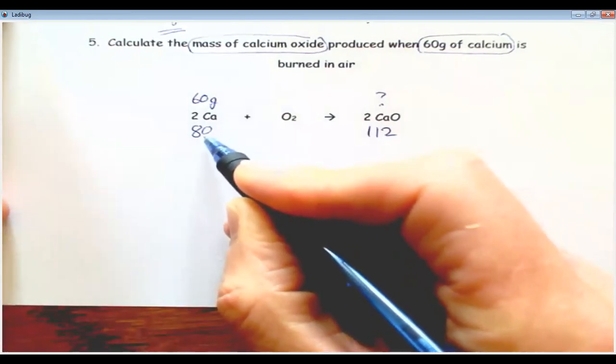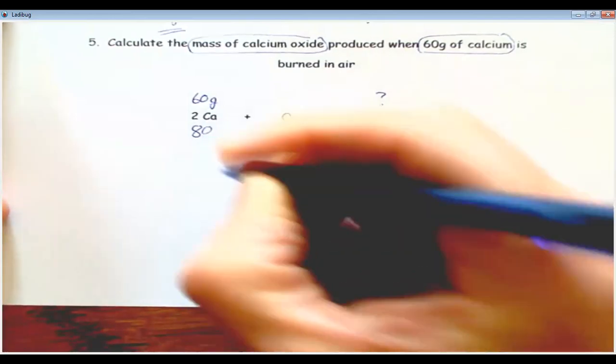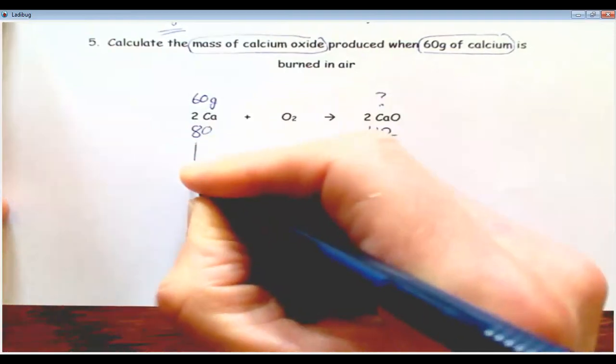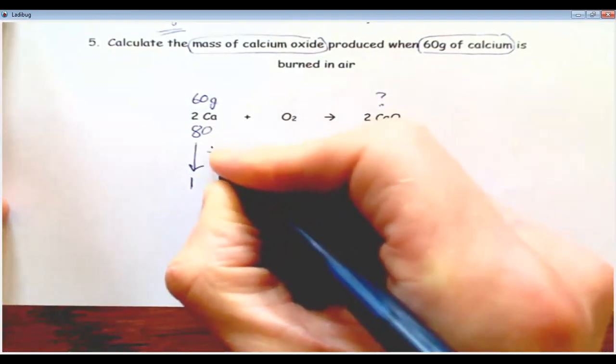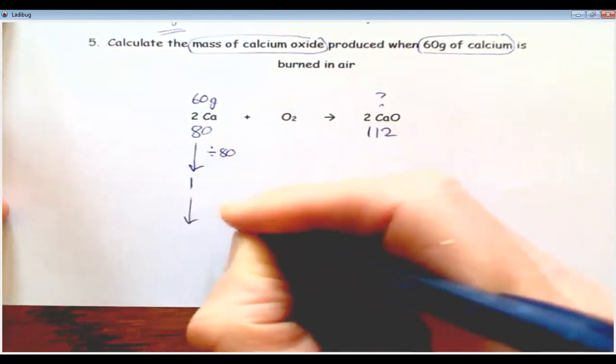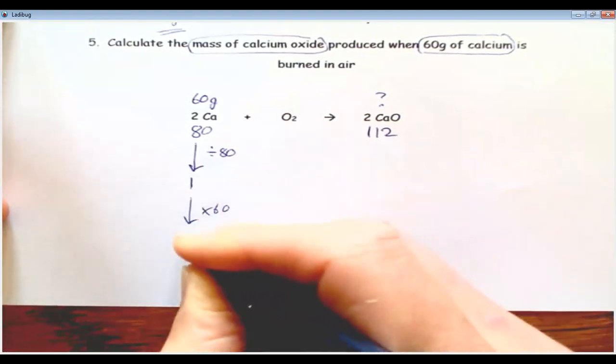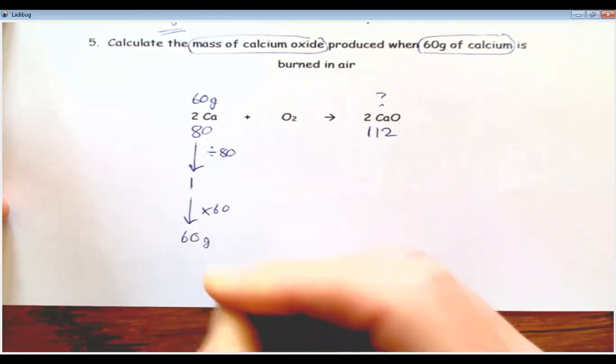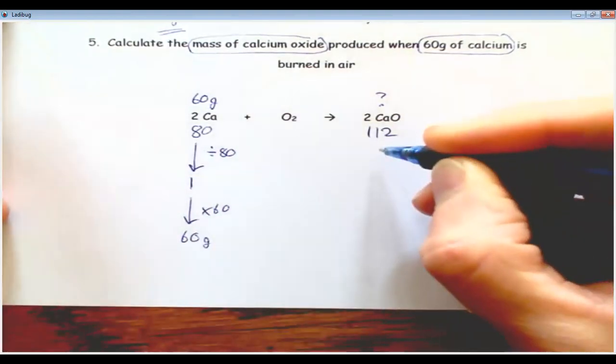And then we need to convert 80 into 60, convert to 1 by dividing by itself, then times by 60. Get your 60 grams, and then do the same on the other side.